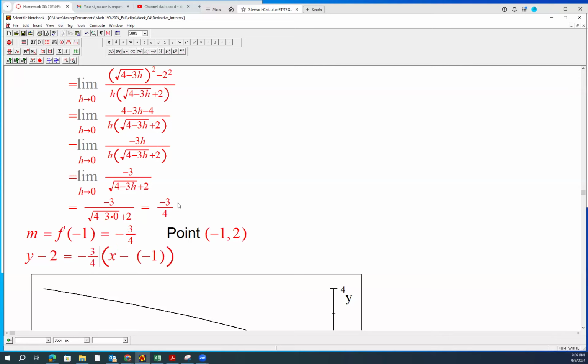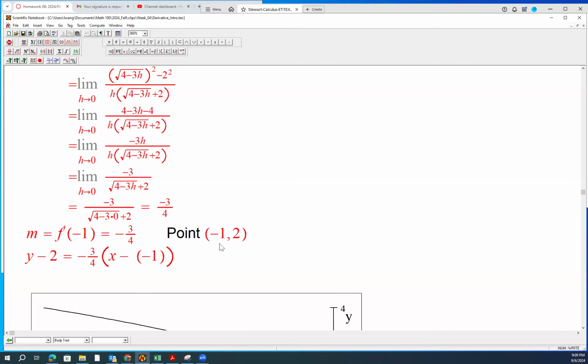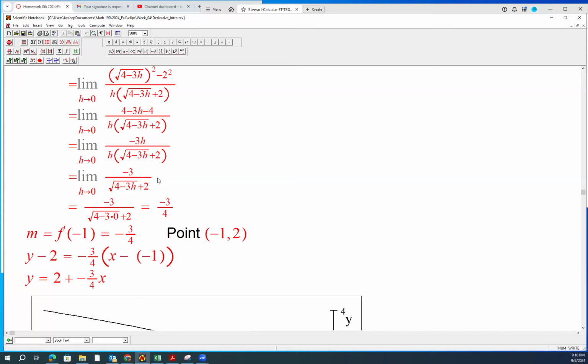We organize the terms a little bit. We get y equals 2 plus negative 3/4 times x, and negative 3/4 times, this is a plus 1, so it's a minus, and that's going to be minus 3/4.